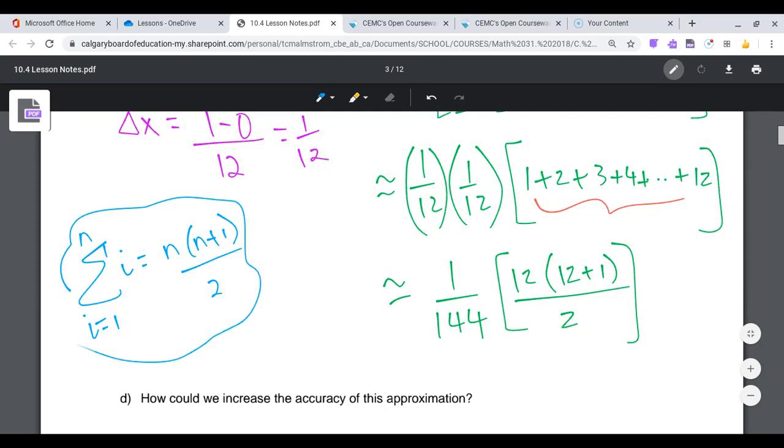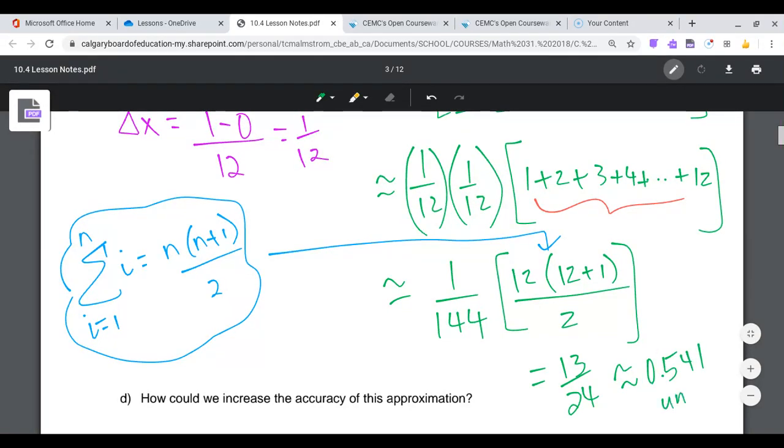Okay, that was the little formula that we used right in here. And then, of course, we could find the number for all of this, which would be 13/24, which is approximately 0.541 units squared.